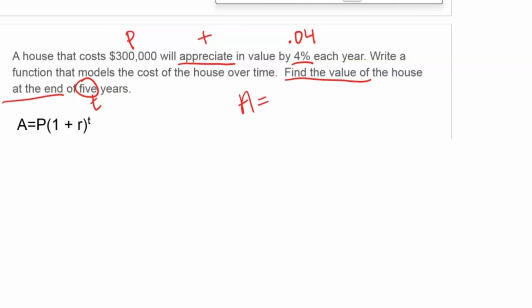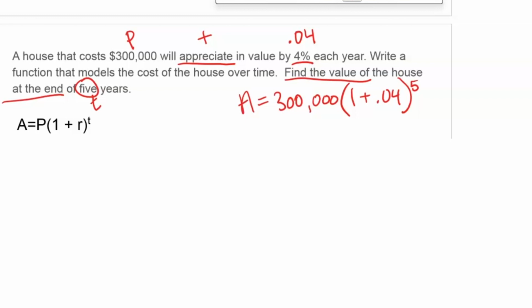But we do have P, which is 300,000, times 1 plus, we're using plus because it's appreciating, so it's increasing, 4%, which would be 0.04. And we're looking for the value after 5 years, so T is going to be 5.